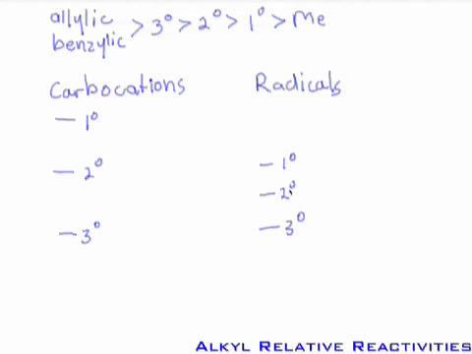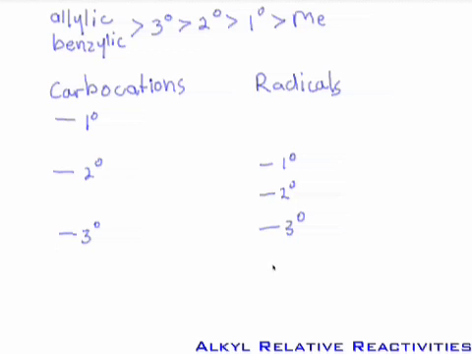Now this leads to one thing that often allows students to breathe a sigh of relief. One of the things we had to worry about in carbocations was rearrangement, 1-2 shifting. And the rule was you always shifted to get a more stable carbocation. In radicals, the energy difference between the radicals is not large enough to allow for 1-2 shifting.